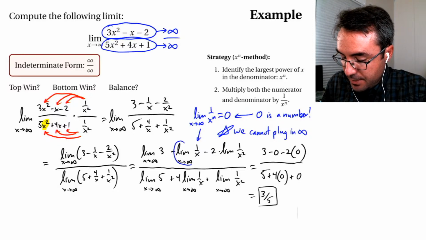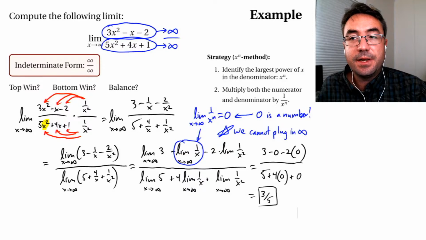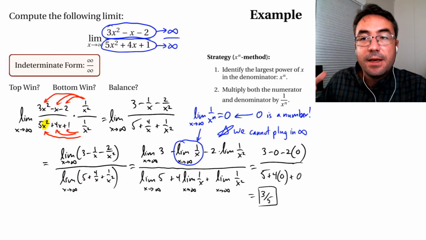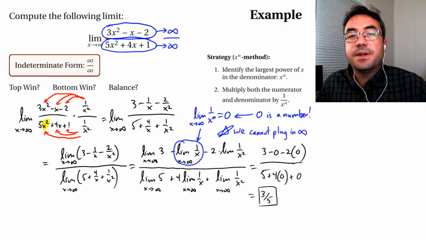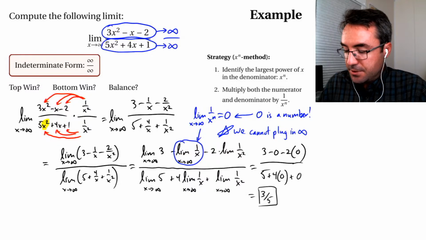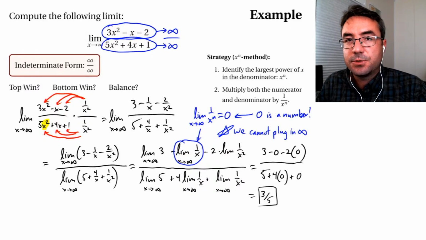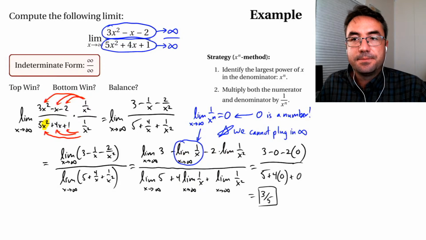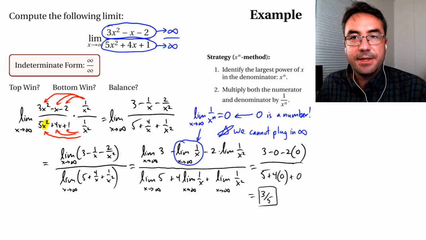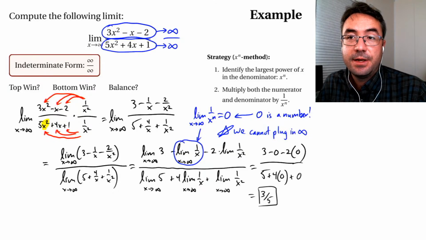For instance, the limit of 1 over x as x goes to infinity is equal to a number that we can do arithmetic with. So we can't just plug in infinity. 1 divided by infinity is not a number, so we can't do anything with it. It's just a symbol. We can't plug it in, we can't add it, we can't subtract it. So the way around that is to switch everything to a fraction, and then we know the fractions go to 0.